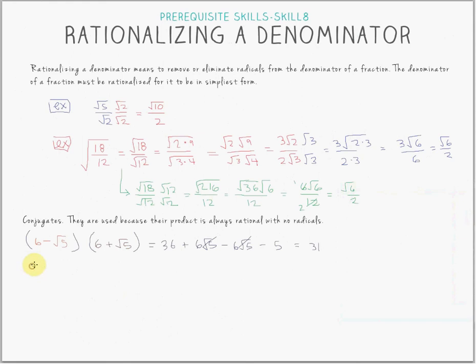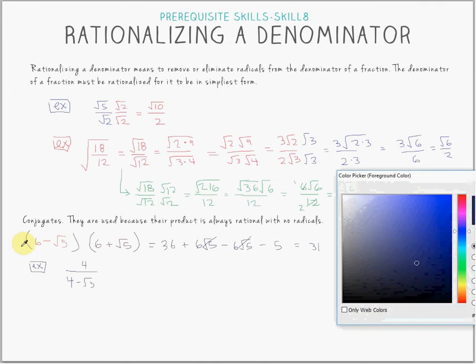So let's say I want you to simplify the fraction 4 divided by 4 minus the square root of 3. Okay. So if we have this, we can't just multiply by the radical because there's the plus and minus there, right?